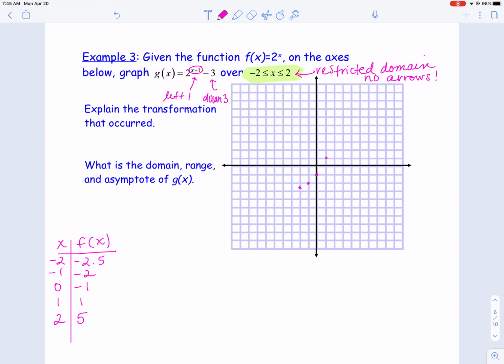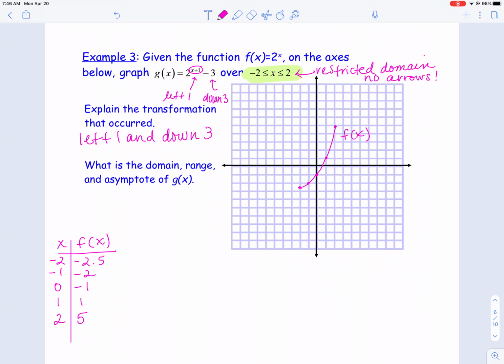At 1, I'm going up to 1. And at 2, I'm going to 5. And most important thing I could say to you, connect, but don't put arrows and don't go past those 2 points. So explain the transformation. It shifted left 1 and down 3.